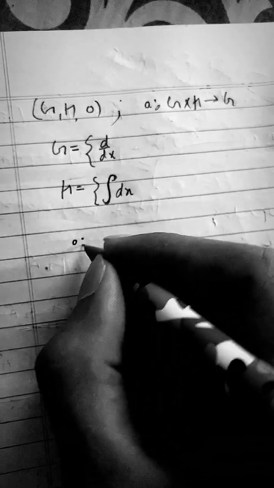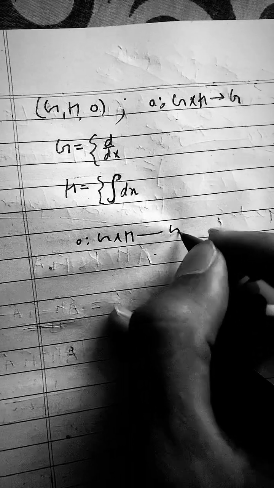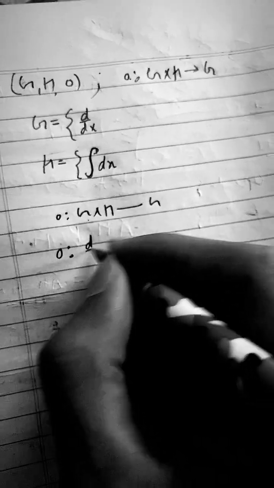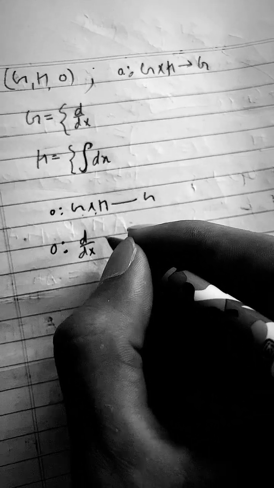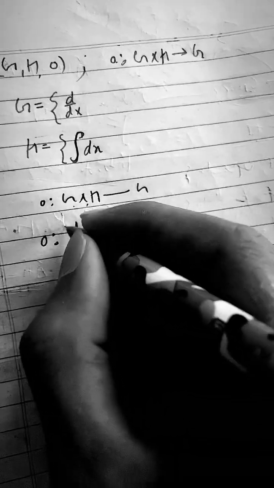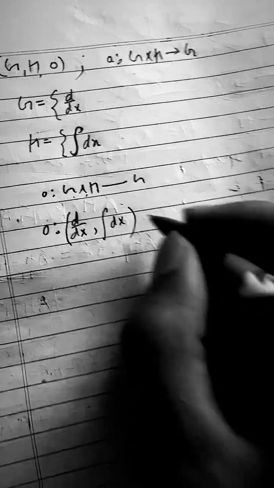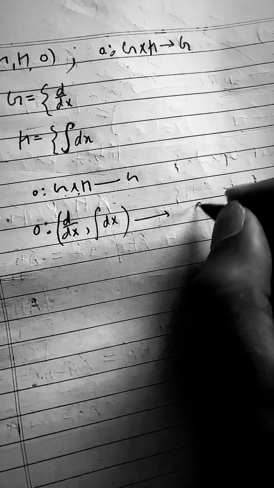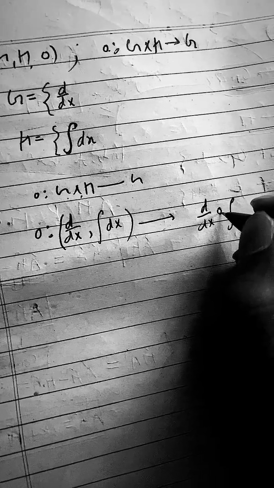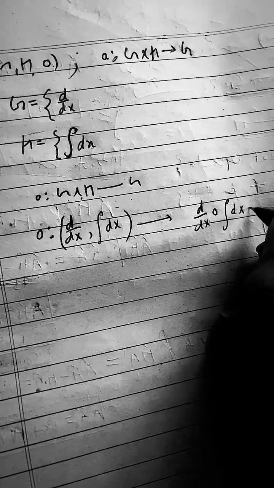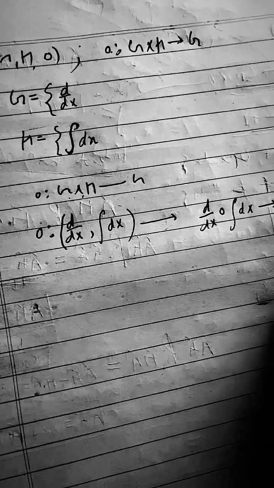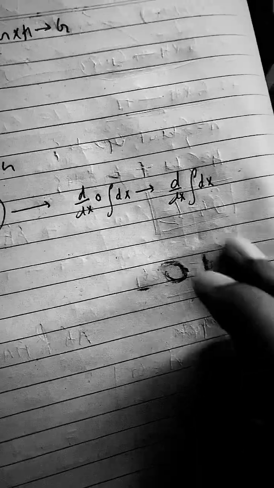Now what is O going to take? O is going to take G cross H to G. So it means G is our dy dx and this is cross, so it will form an ordered pair, and this is going to produce dy dx, operator O acting on this. So we get dy dx of this dx, right?